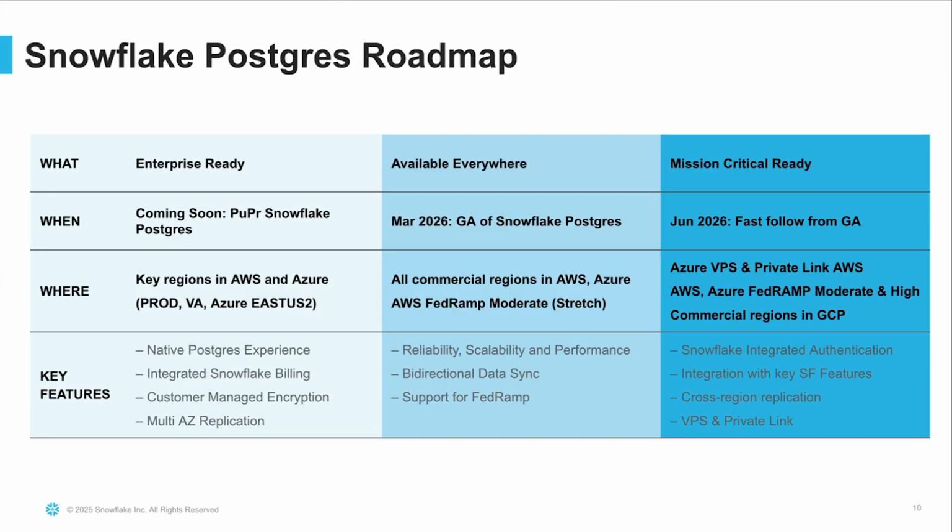Sometime by March next year, it will be generally available everywhere in all commercial regions in AWS, Azure, and selective AWS GovCloud. What you'll get at GA is everything that you just saw, but also the reliability, scalability, and performance that you expect from a GA product, in addition to bi-directional data movement between Snowflake and Snowflake Postgres.